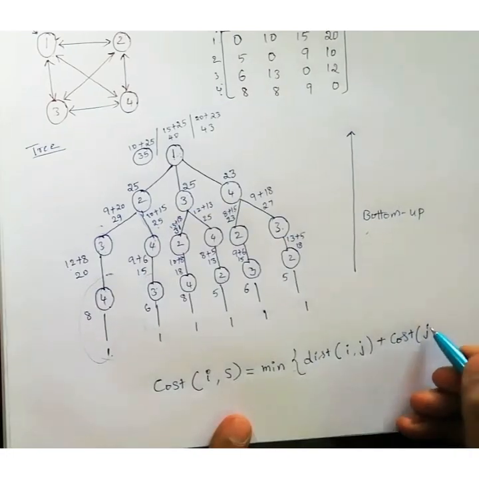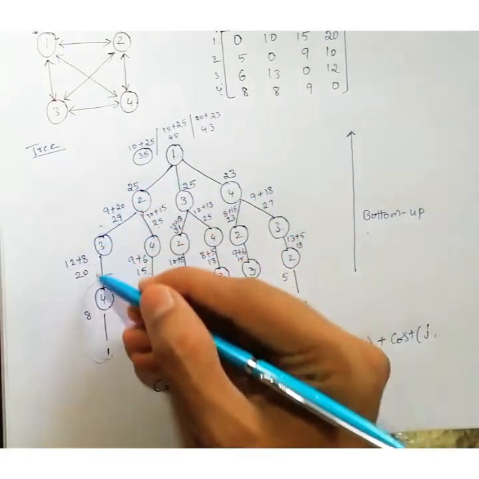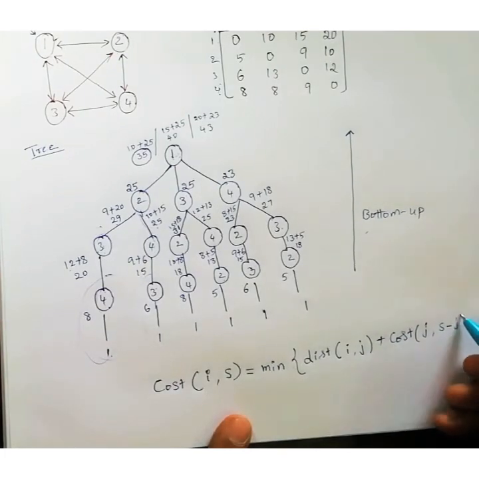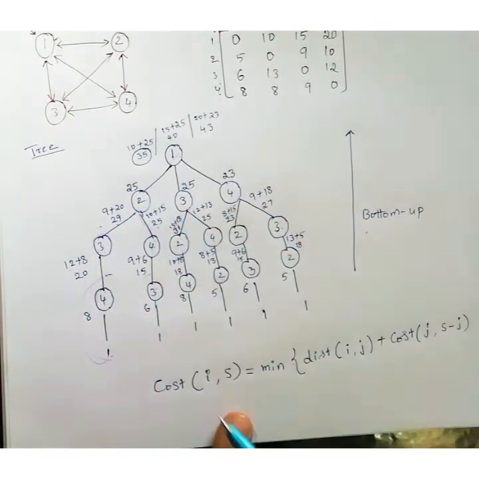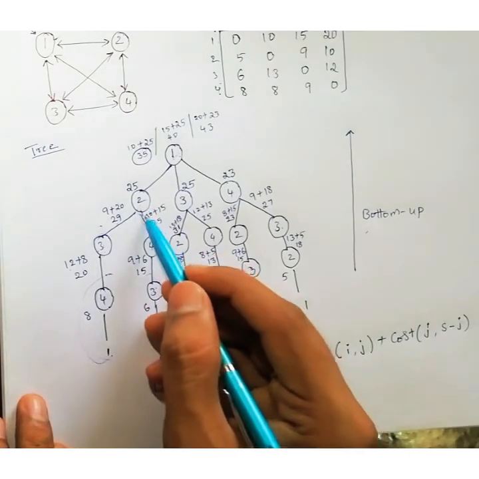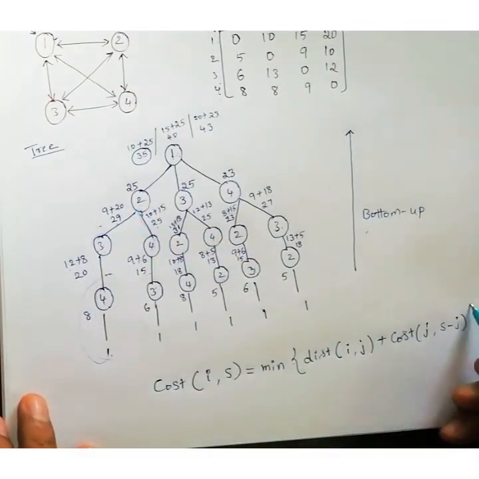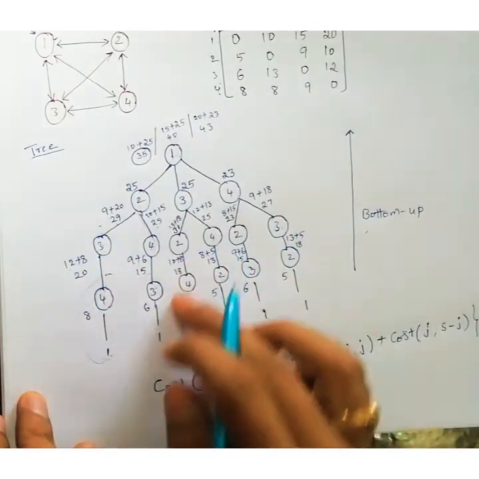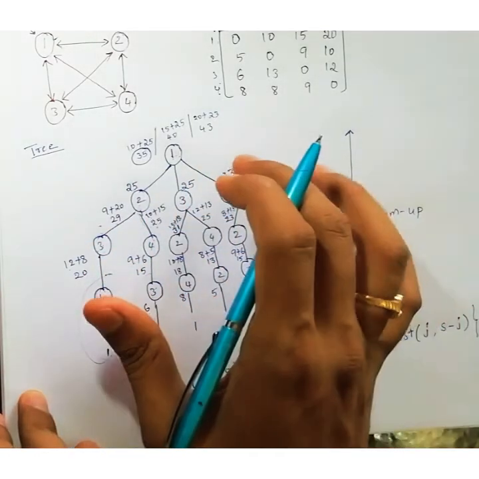Cost of J comma S minus J, that is the subset except J. All the subset except that J value. Except 2, what is the total cost? That is 25. So this is the formula, and this formula we apply throughout for all stages, and finally we will get the path matrix.